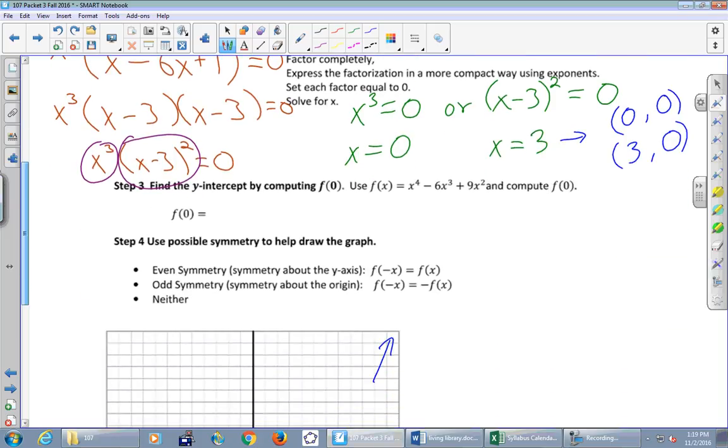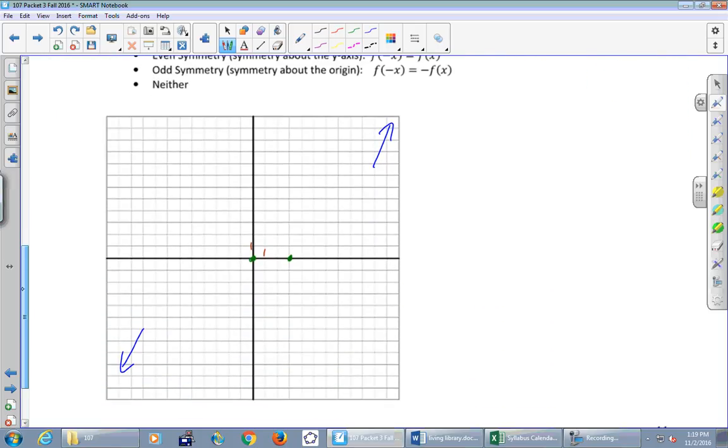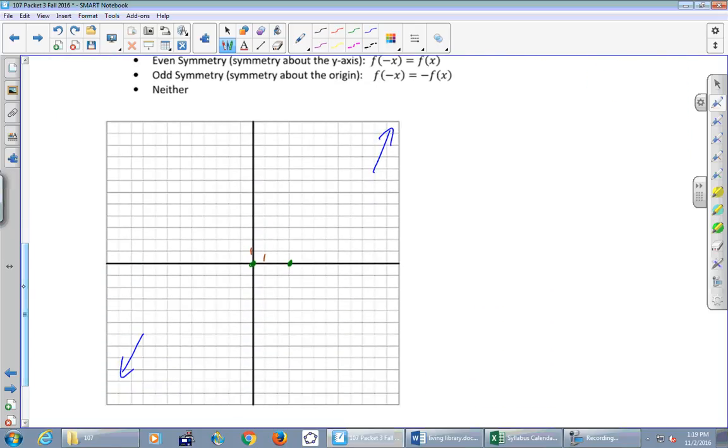F of 0 is 0. So what are the coordinates? (0, 0). And typically you would just plot that and you get another point. But what happens in this case? It's already there. It happened to be an x-intercept. Sometimes a y-intercept and an x-intercept line up. That's okay.